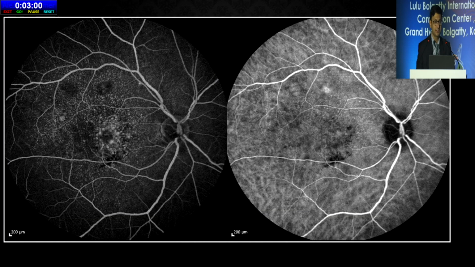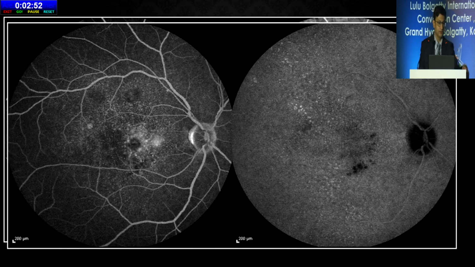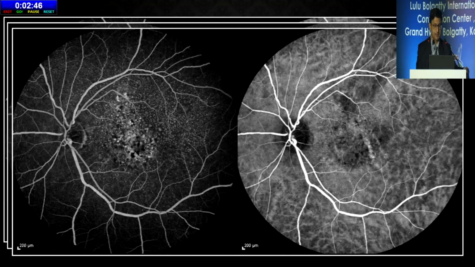So if you look at the fluorescein and ICG, you have scattered multiple drusen, and this is a type of early onset drusen. Now, the important thing of these patients with early onset drusen is that they are very bright on the fluorescein ICG, multiple, they are scattered throughout, and you can see that they could be bilateral. And sometimes if you look at the ICG, you might think that there is a large vessel going right in the center, and you think it's a pachychoroid.